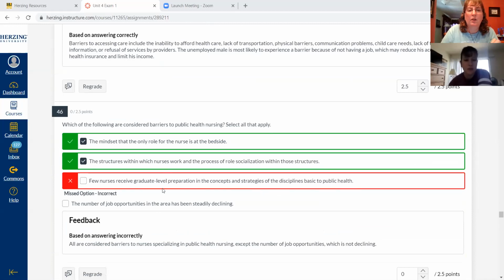Which of the following are considered barriers to public health nursing? Few nurses receive graduate level preparation in the concepts and strategies of the disciplines basic to public health. So that should have been another one.